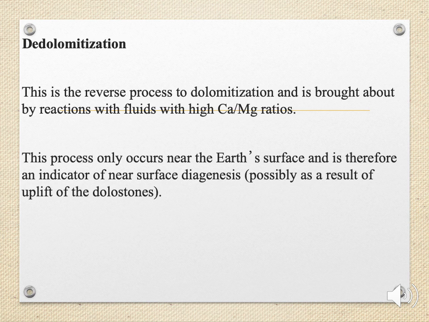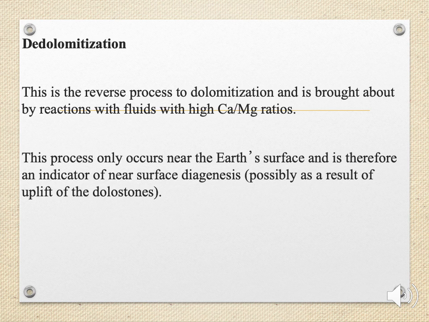Now, dedolomitization is another term that I want to introduce to you, and this is the reverse process to dolomitization, and it's brought about by reactions with fluids with high calcium-magnesium ratios. So that would be the opposite type of waters that would cause dolomitization in the first place, because dolomitization prefers fluids that have a high magnesium-calcium ratio.